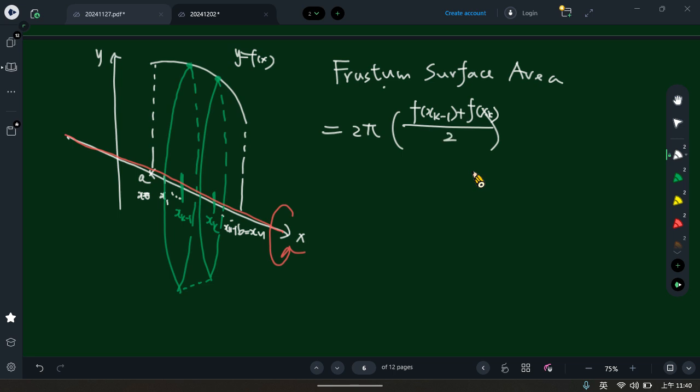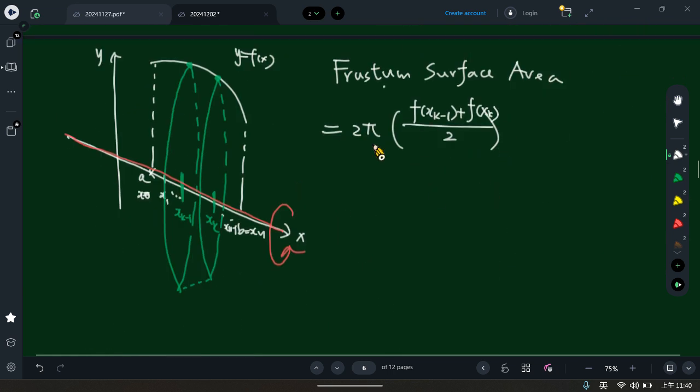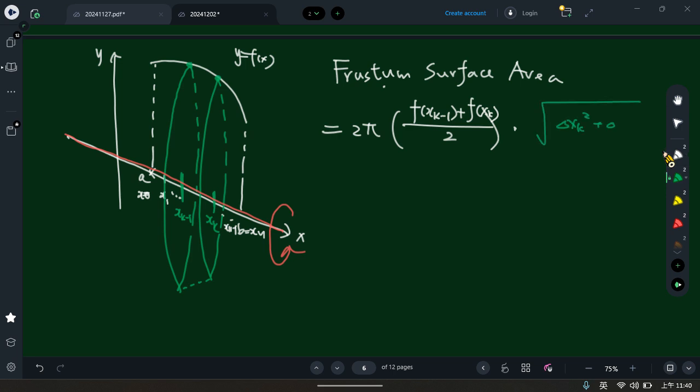That means we just try to get the average, right? As I showed you, I just use the average as its height to revolve, times the square root of delta s_k squared plus delta y_k squared, right?